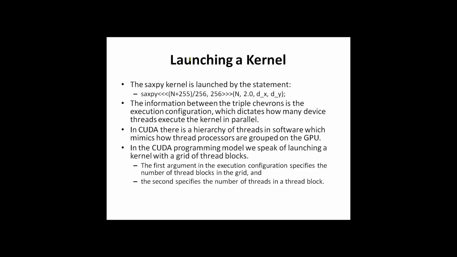Kernel launch. Okay, that should be an earlier slide. How to launch the kernel? The name of the kernel, then the number of blocks, and the number of threads per block. For these two, we have to see the specifications of our card, that is, how many maximum blocks are supported and how many maximum threads are supported per block.